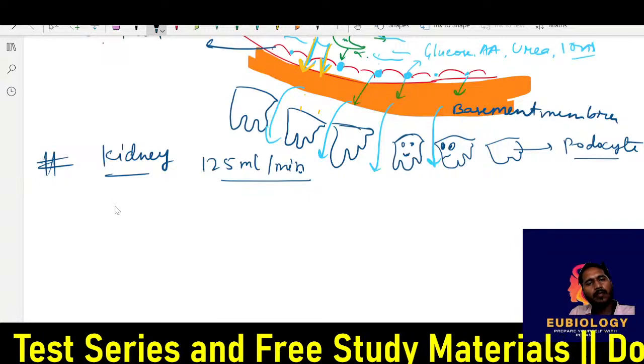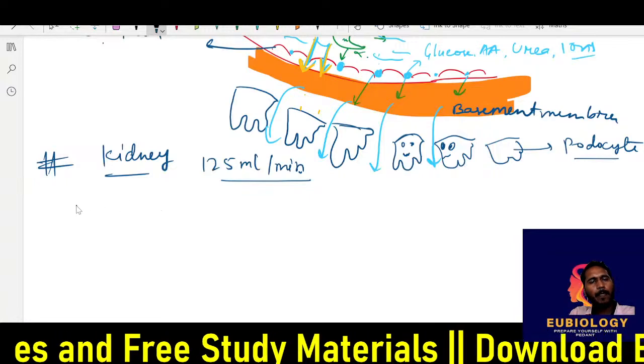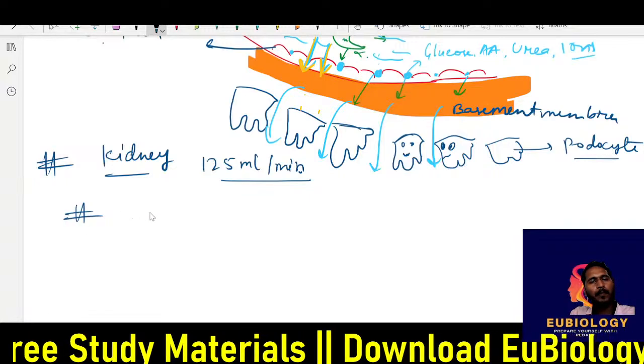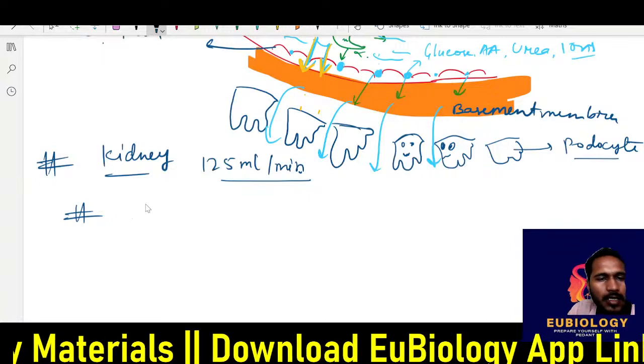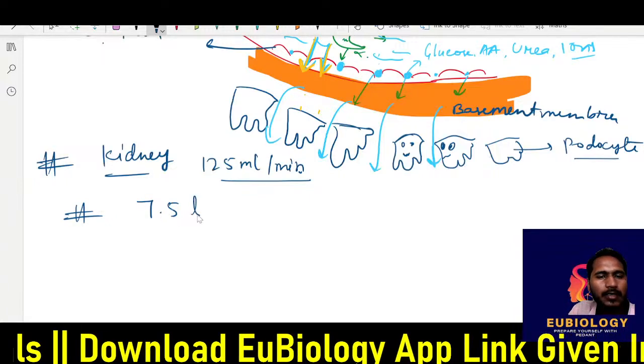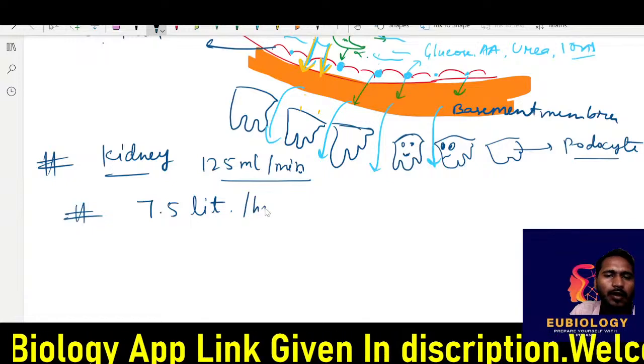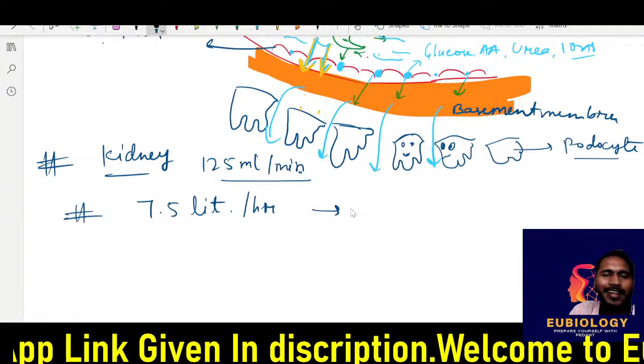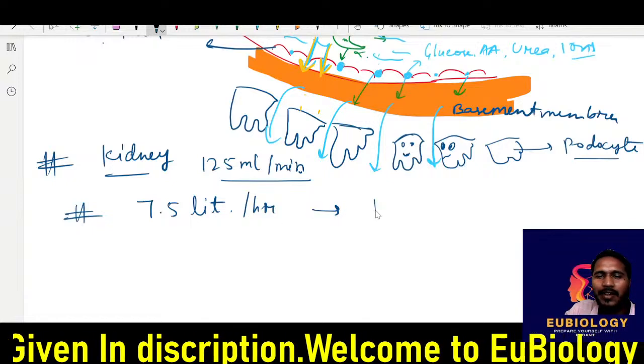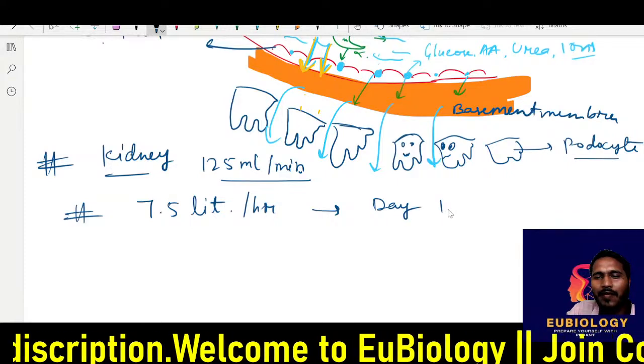In 1 hour it will be around 7.5 liters, and in a complete day, 180 liters.